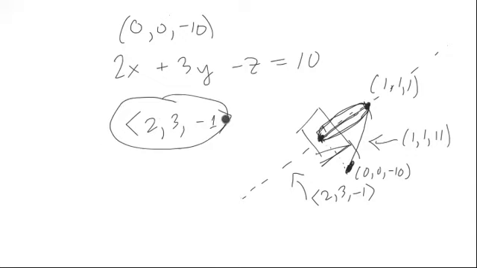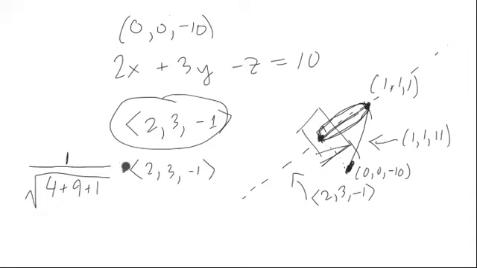So find the length of this, which is 4 plus 9 plus 1, take a square root. Take the reciprocal of that and multiply that to 2, 3, negative 1, and this becomes a unit vector. And then we're going to dot that with 1, 1, 11 in order to find the projection.